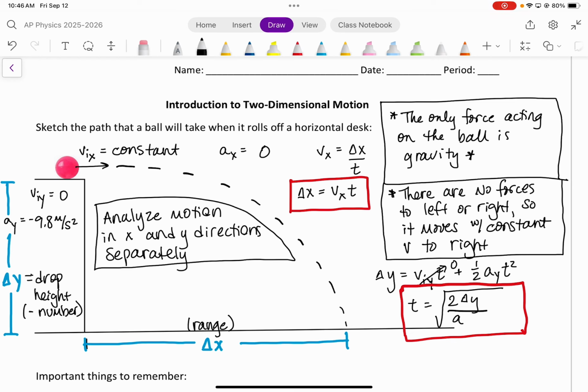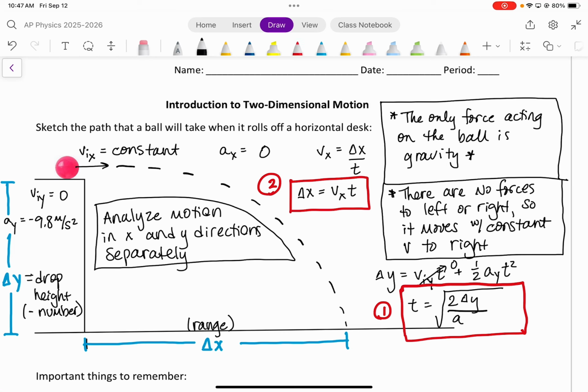All right, so the sequence of events that we are going to follow is most of the time we are going to have to do this equation first because we don't know how much time it takes for this to drop. And then we're going to use that time in our second equation.